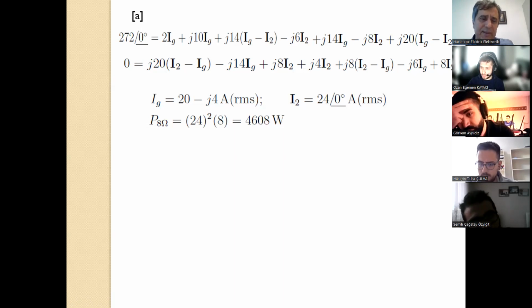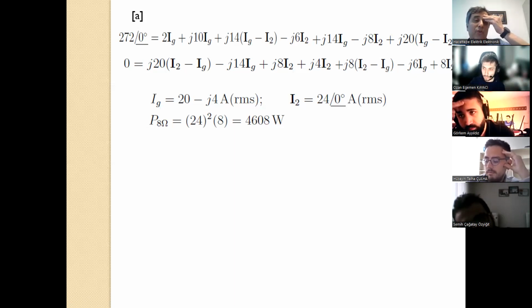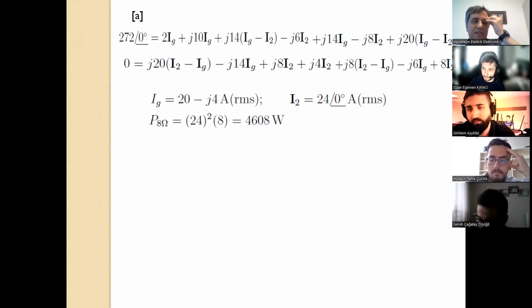Real transformers. If you remember, for the ideal transformers, we have a turns ratio. You remember, yes? So we have real transformers rather than ideal ones. In an ideal transformer, we don't have any internal resistances, the self-inductance goes to infinity, and so on and so forth.